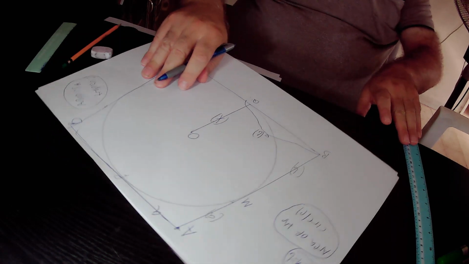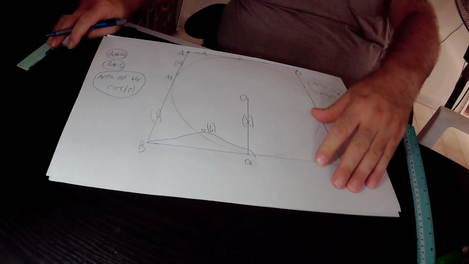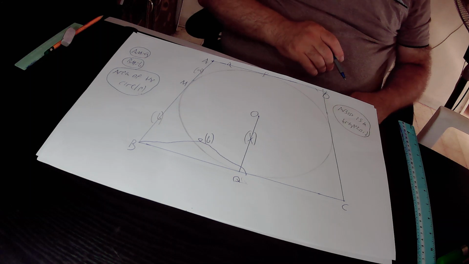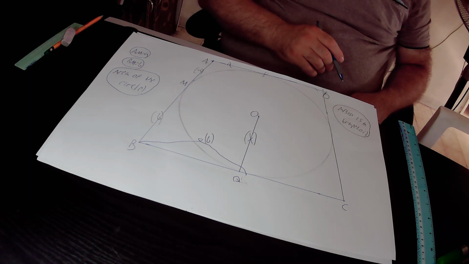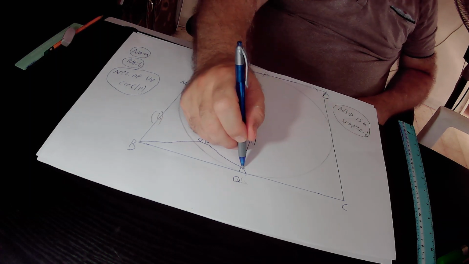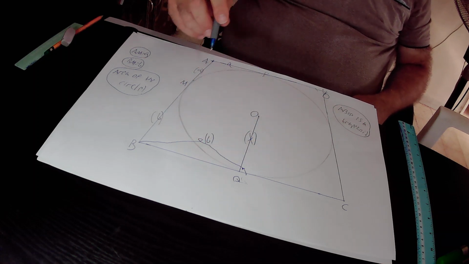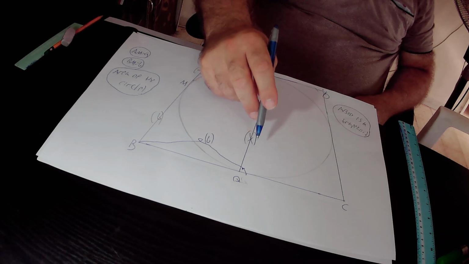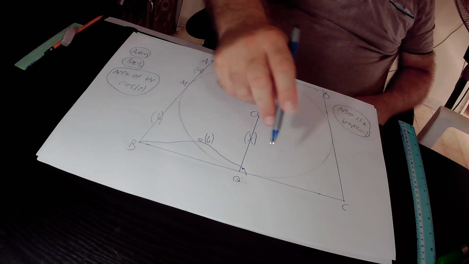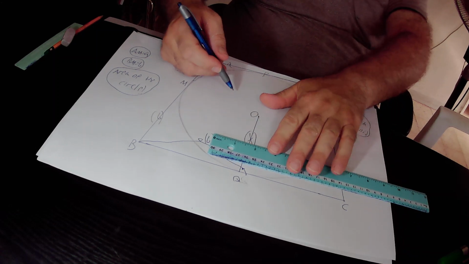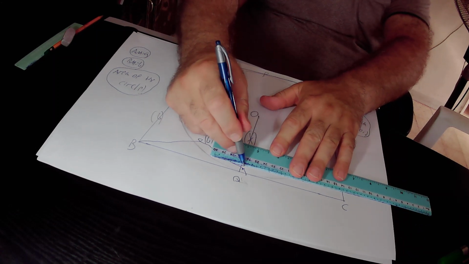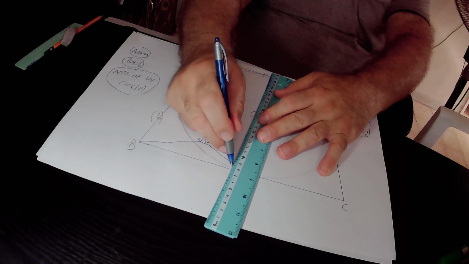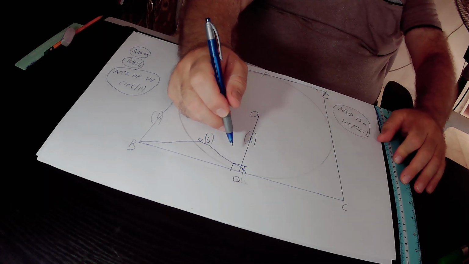And because the radius OQ is drawn to point Q, that is the point of tangency of tangent BC with this circle, and whenever you have a radius drawn to the point of tangency, then tangent BC will be perpendicular to the radius OQ. If BC is perpendicular to OQ, it means that this angle equals 90 degrees, and this angle also equals 90 degrees according to rule 1.